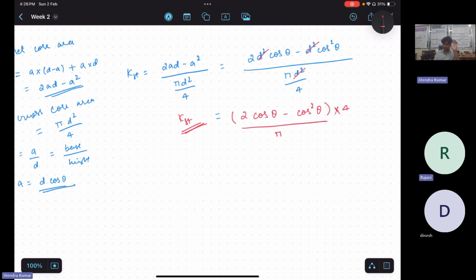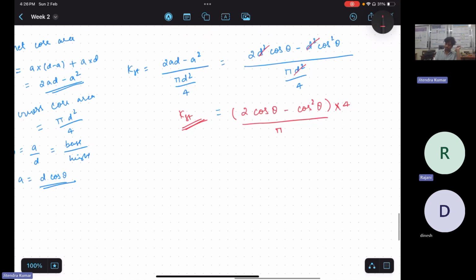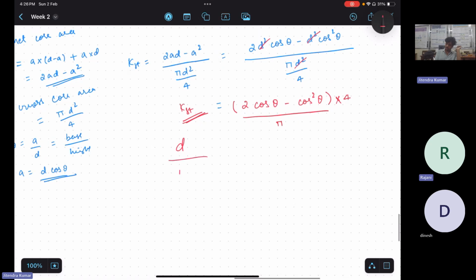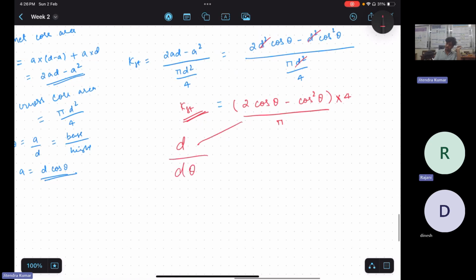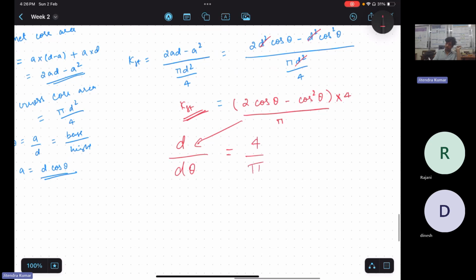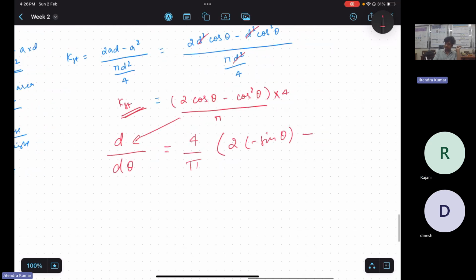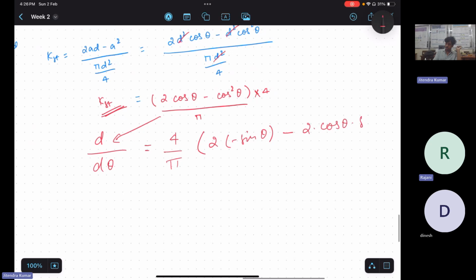So to be certain, we can differentiate in terms of theta, right? So if you differentiate in terms of theta, this term here will come out to be 4 by pi, 2 cos theta, which is nothing but minus sine theta, minus cos square theta is 2 into cos theta into sin theta.